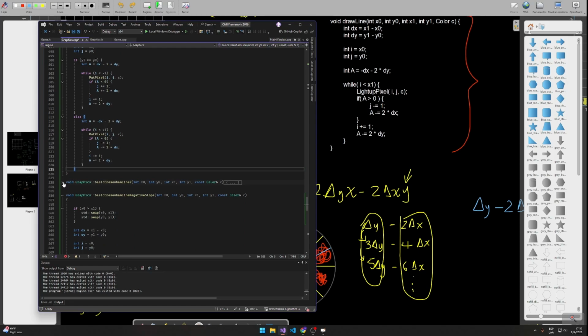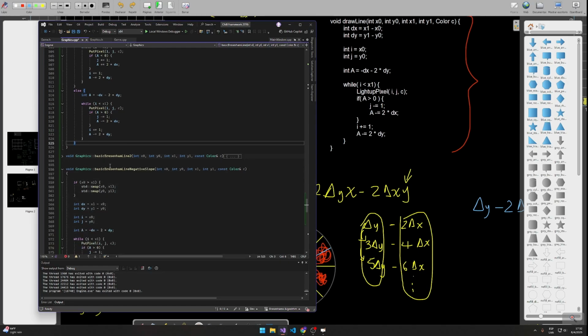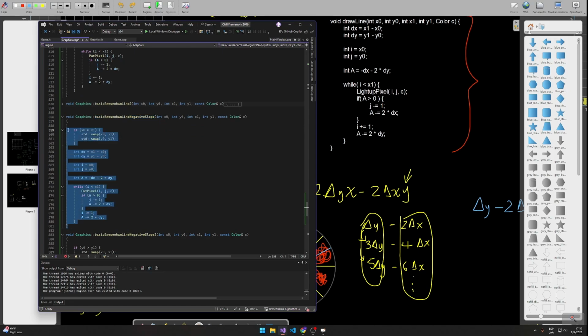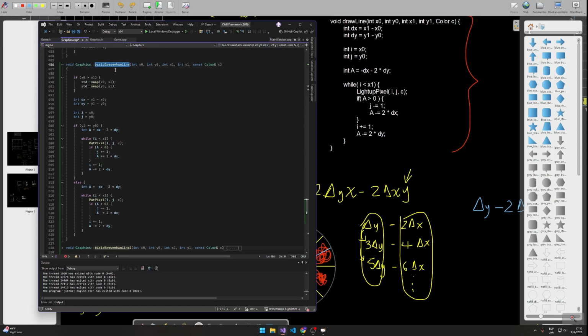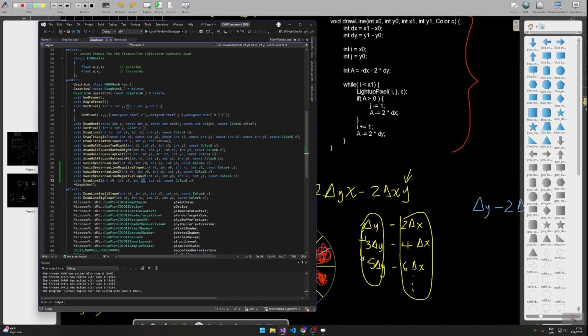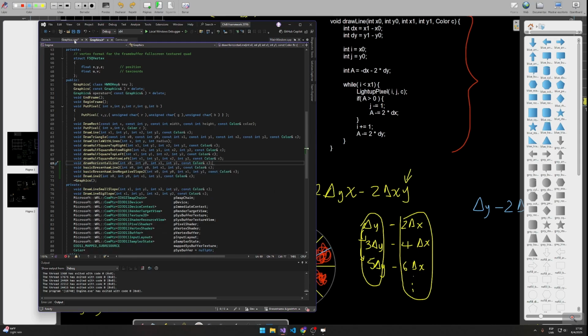And now we can just get rid of this method. And now we have basic Bresenham's line. I'm going to rename it to draw horizontal line. And also let me go to where it was implemented and remove this.